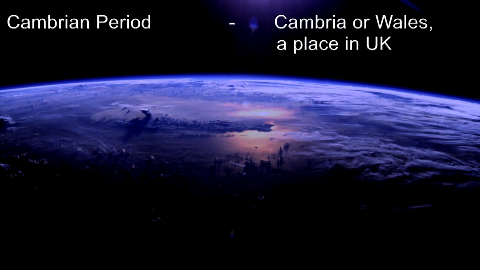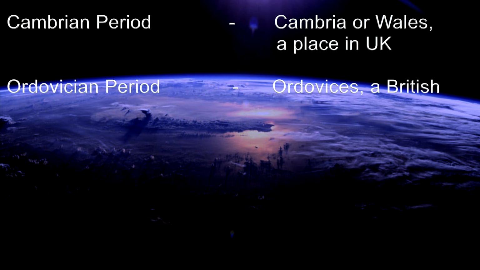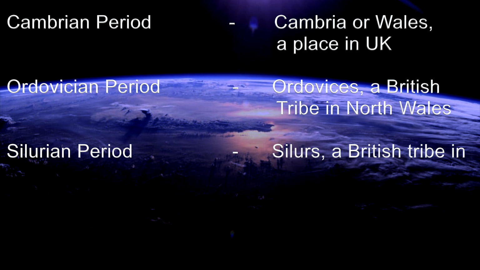The Paleozoic era is divided into 6 periods, which are: Pre-Cambrian period, then Cambrian period, named after Wales, which is a place in UK. Next is Ordovician period. The term Ordovicius is a British tribe in North Wales. Silurian period.